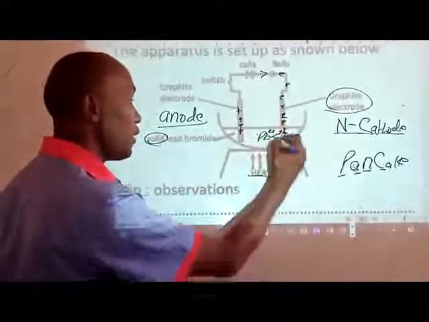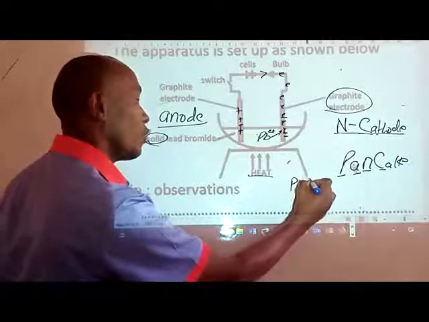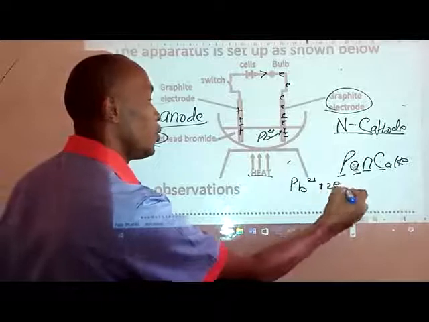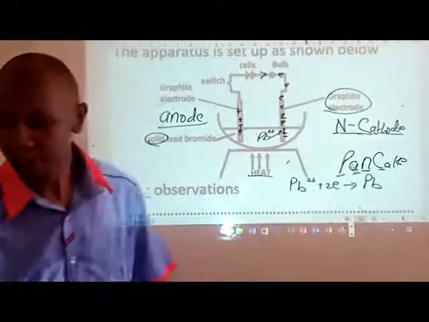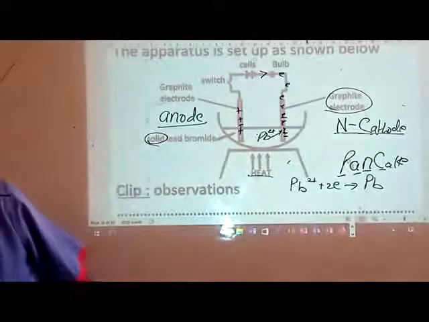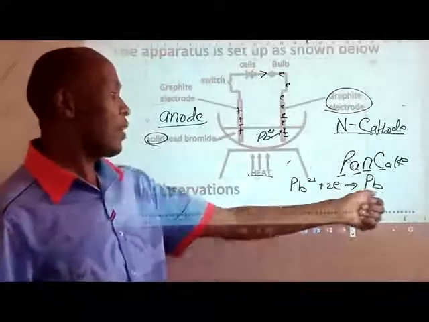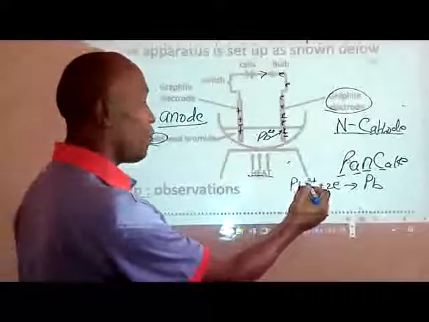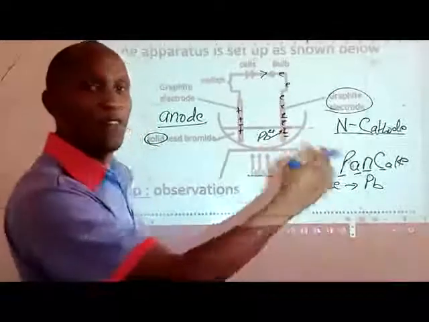And what will happen there? The lead ions will gain 2 electrons to become lead. So what has happened is that the lead ions have lost charge.